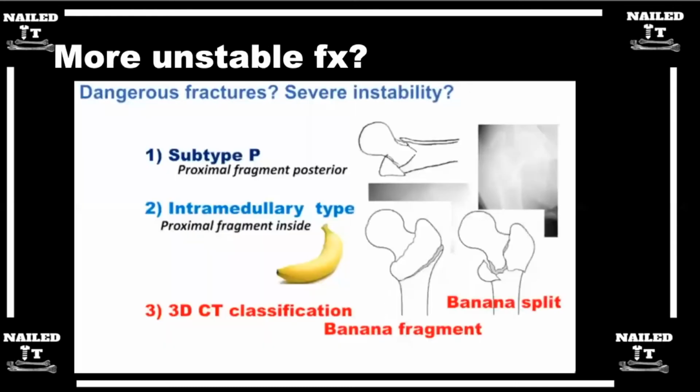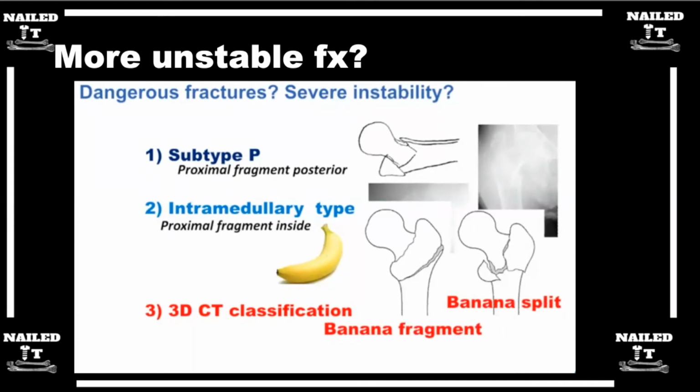Yeah. And just watching some YouTube videos and prepping for this podcast episode, there was an AO talk where they talked about some characteristics or fracture patterns to at least recognize that this may be a more unstable type of fracture.